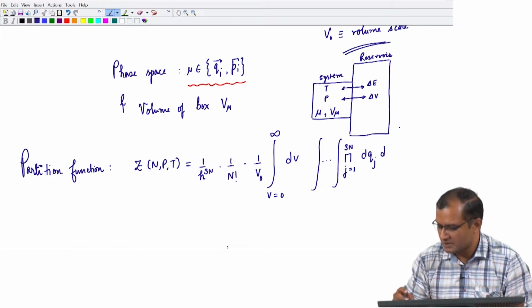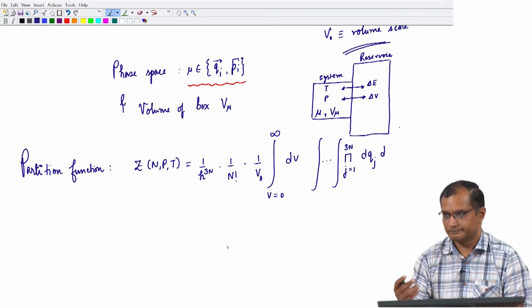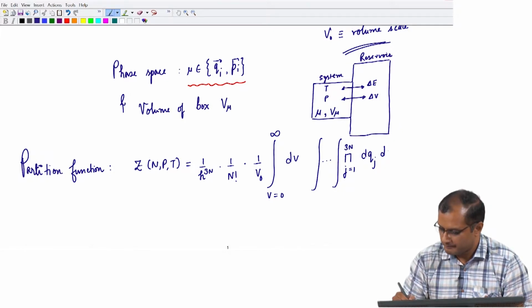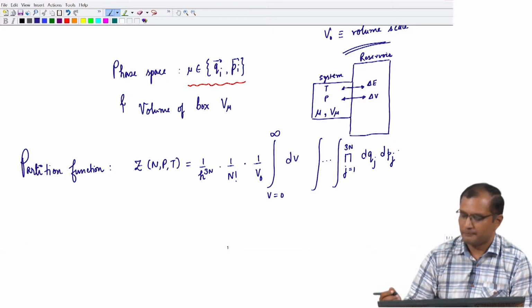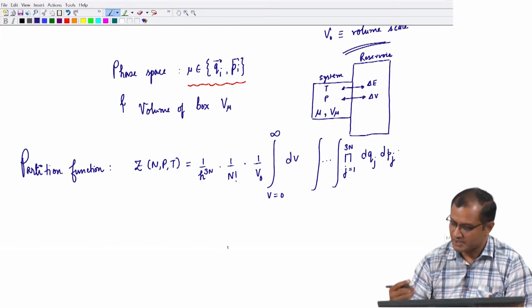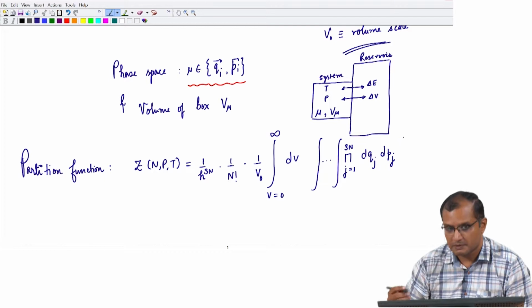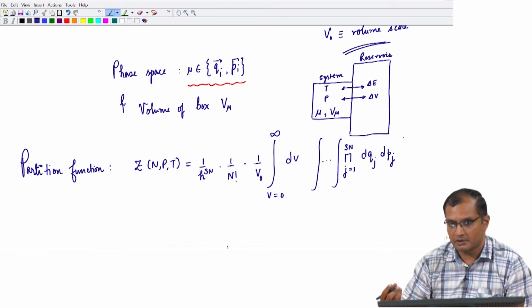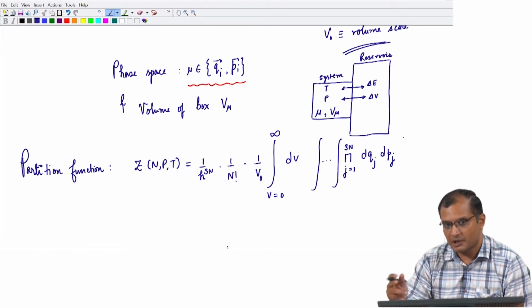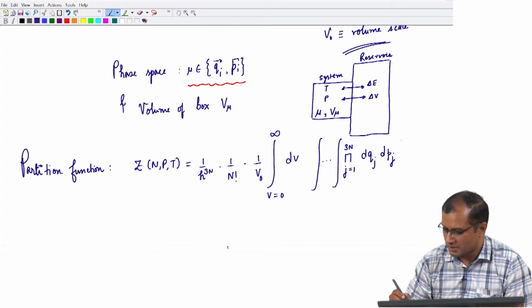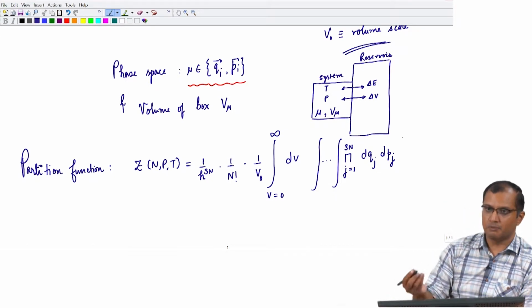I have removed the vectorial signs because I have taken the sum over 3n. Okay, as you can see now, they are components already. Each particle has 3 components of momentum and 3 components of position. So, my summation is not over 1 to n, it is now directly written from 1 to 3n. Okay.